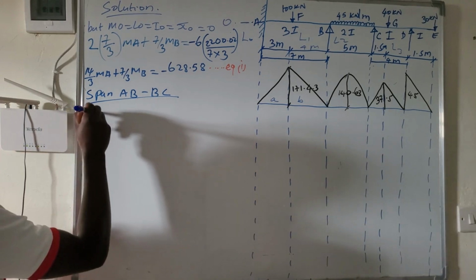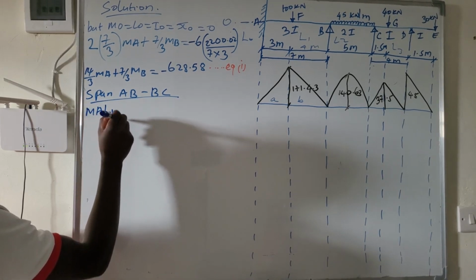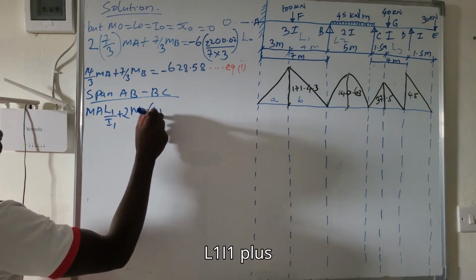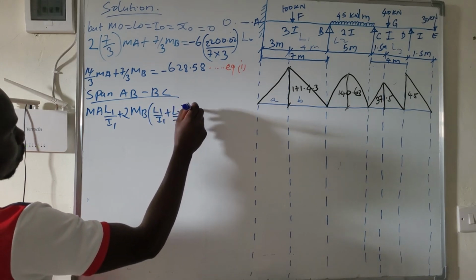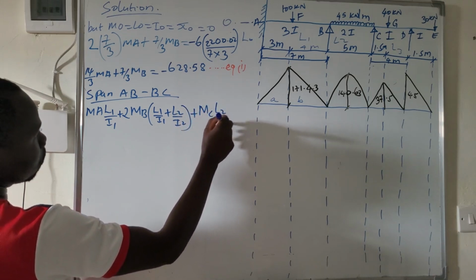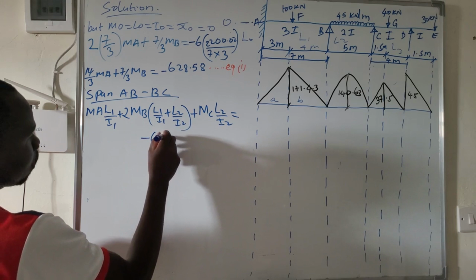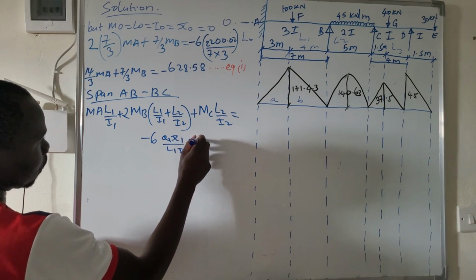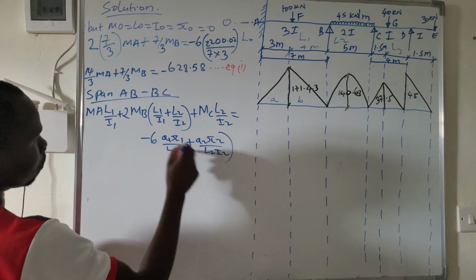So we will have MA L1 I1 plus 2 MB into bracket L1 I1 plus L2 I2 plus MC L2 I2 is equal to negative 6 into bracket A1 X bar 1 over L1 I1 plus A2 x bar 2 over L2 I2.